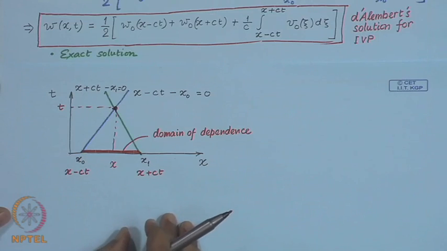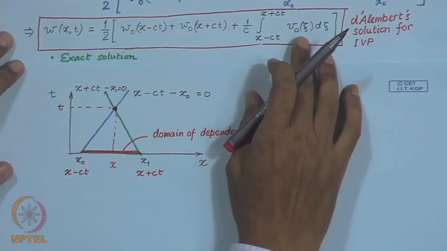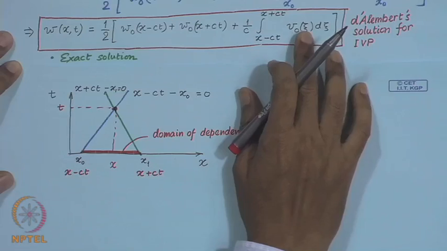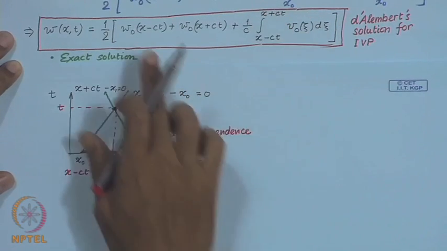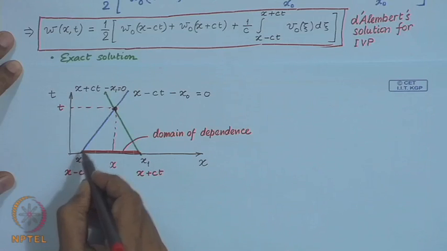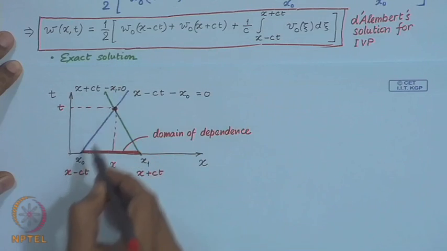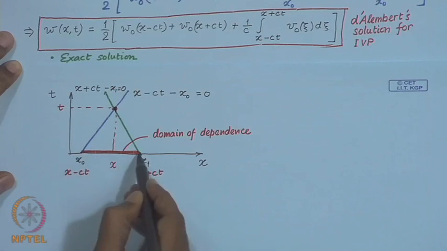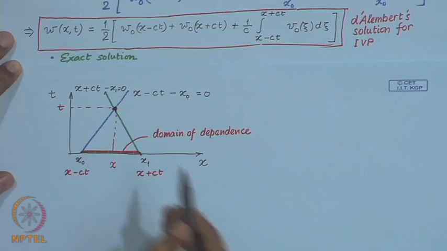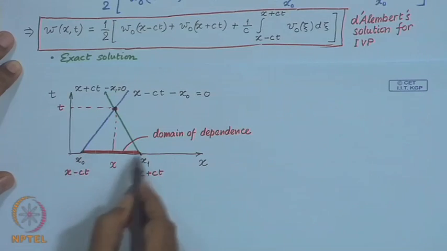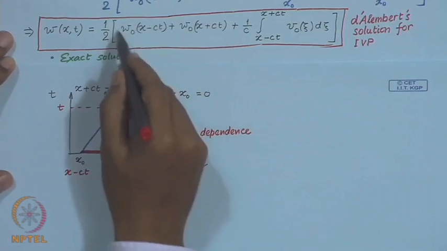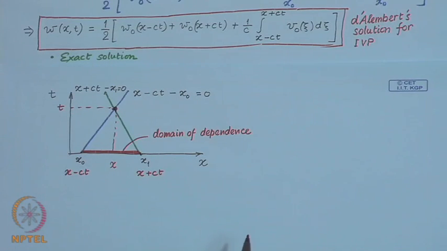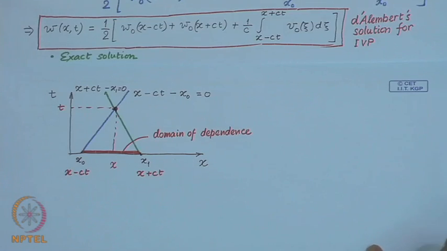Now, if the initial velocity is 0, for example, then of course, this integral vanishes. So, then we find that the solution here is dependent only on the displacements at these 2 points at time t equal to 0. That gets summed up here as we see here. So, let us consider these 2 cases separately now.